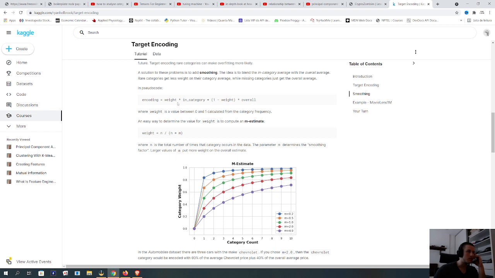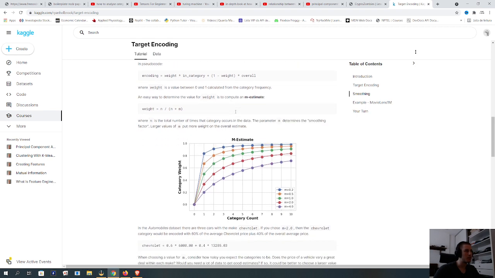Pseudocode: encoding equals weight times in-category plus 1 minus the weight times overall. Where weight is a value between 0 and 1 calculated from the category frequency. Use weight to compute an m-estimate, where n is the total number of times the category occurs in the data.